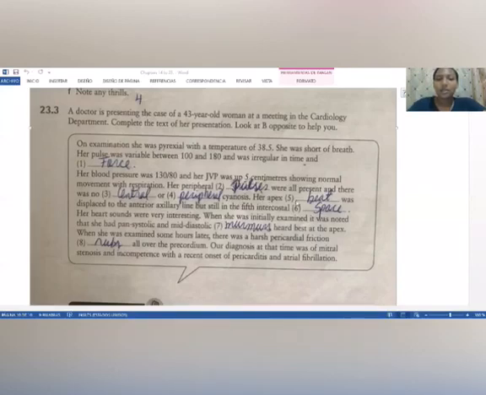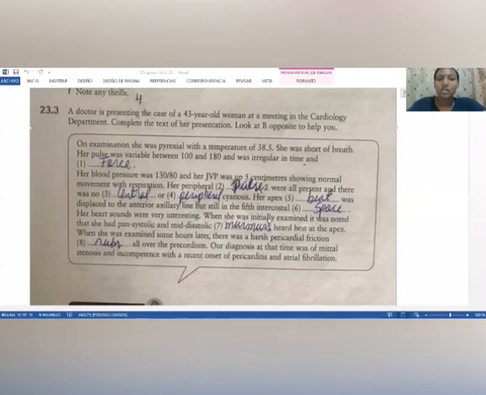Her apex beat was displaced to the anterior axillary line, but still in the fifth intercostal space. Her heart sounds were very interesting.